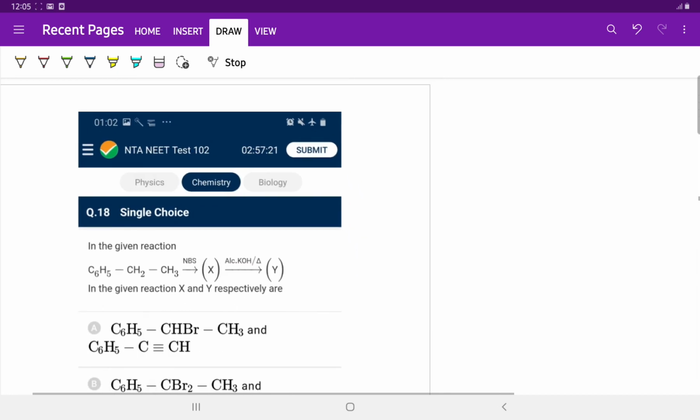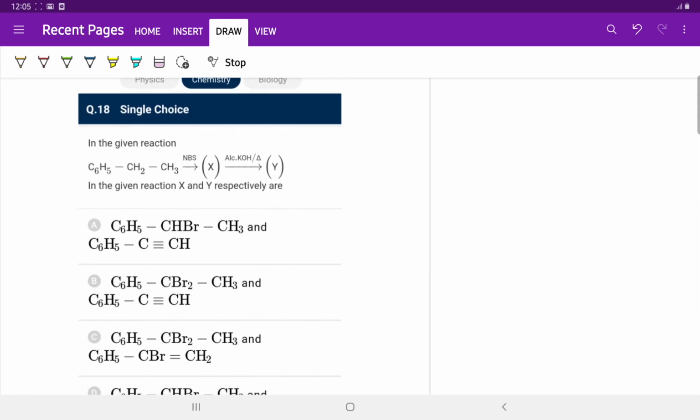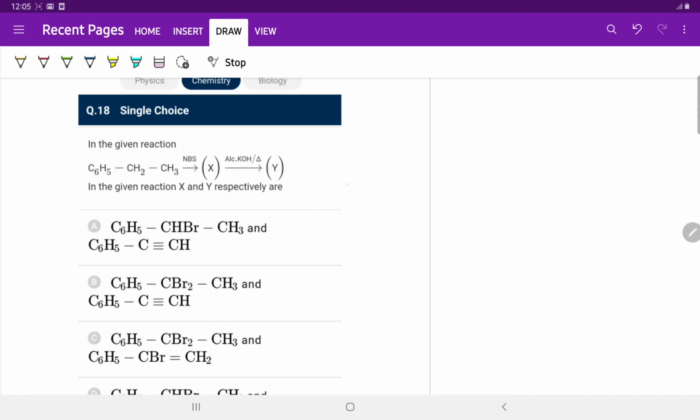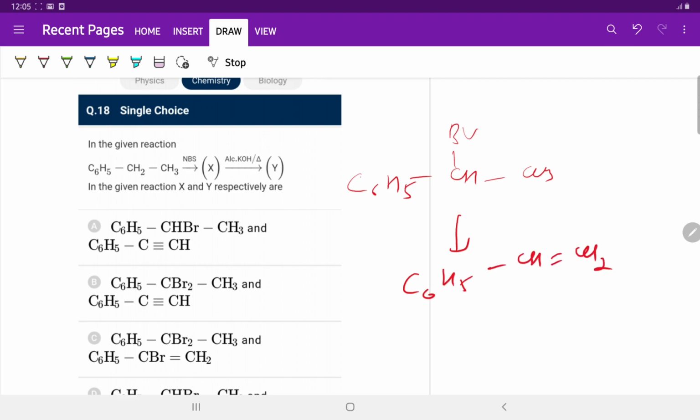Question number 18. Ethylbenzene reacts with NBS. Okay, benzylic bromination takes place, C6H5, hence the benzylic radical is most stable, CH3. Then E2 elimination, C6H5CH=CH2.